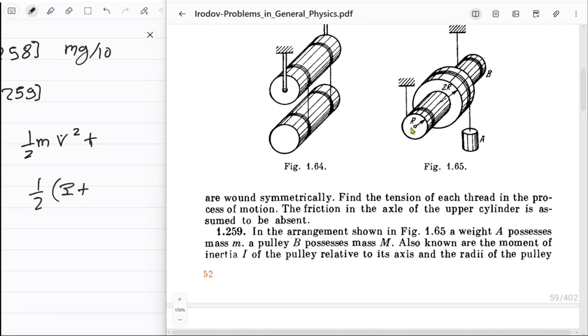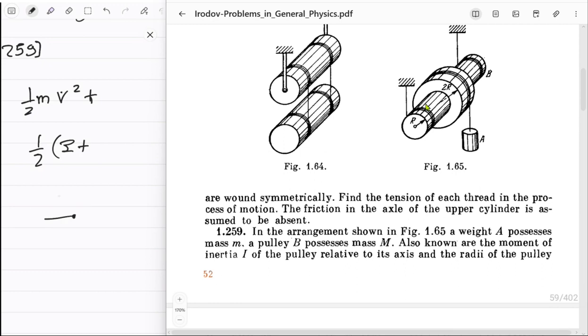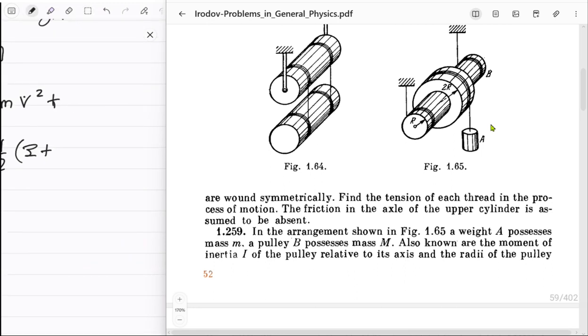If this is V, it's actually going to be V upon 3, because its central axis is R away from the string, and then 2R away from that is the other thread. So if this is V downwards, then it should be V upon 3.